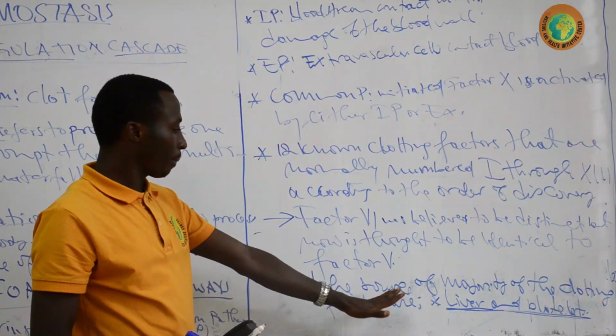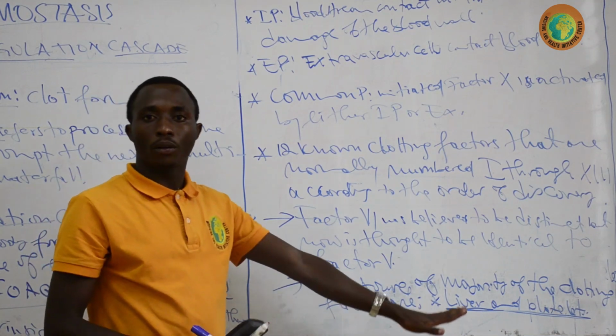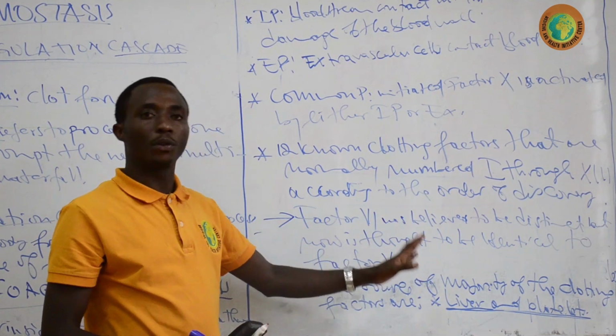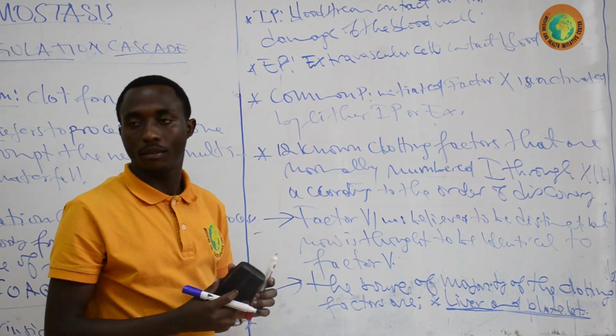We have 12 clotting factors, and the majority of them are produced by the liver and platelets.